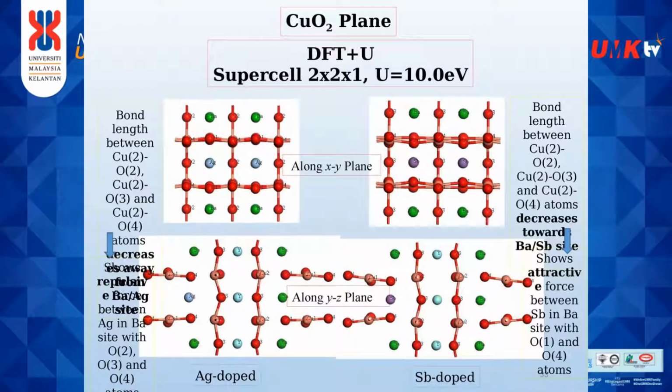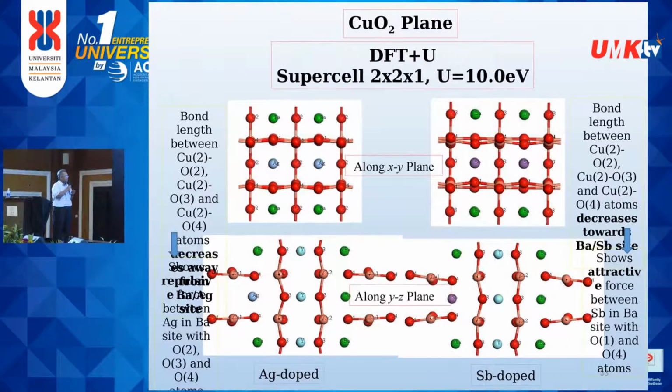Along the YZ plane, it shows a repulsive force between silver in the barium site and O2, O3 and O4, and shows an attractive force between antimony in the barium site and O1 and O4 atoms. You can see the diagram there.